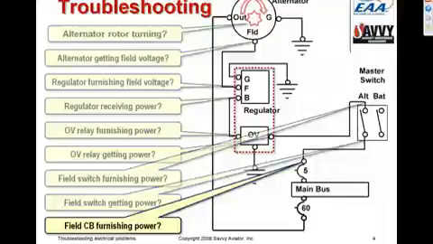Sometimes the field breaker is bad. So when you have a charging system problem, don't automatically assume that it's the alternator or the regulator. You want to go through this troubleshooting process to find out exactly what the problem is, so you don't wind up replacing expensive parts that don't actually fix the problem.